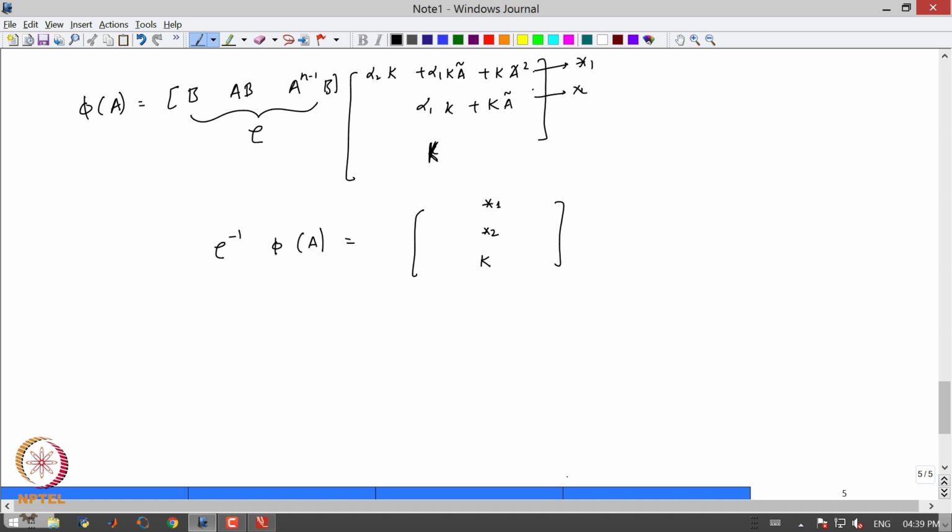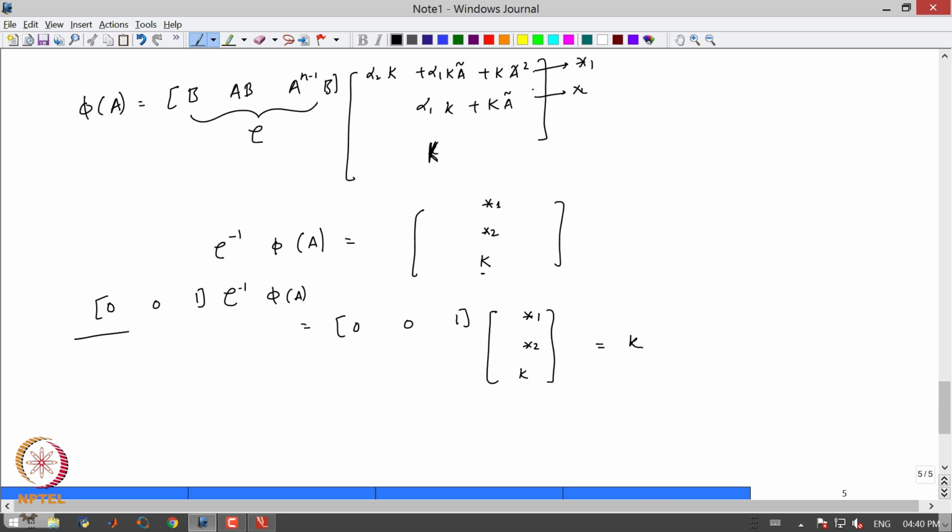Nice. So I again want to do something here. If I multiply to the left of both sides by 0 0 1, this will be 0 0 1 times star 1, star 2, k. What is this? This is just equal to k.